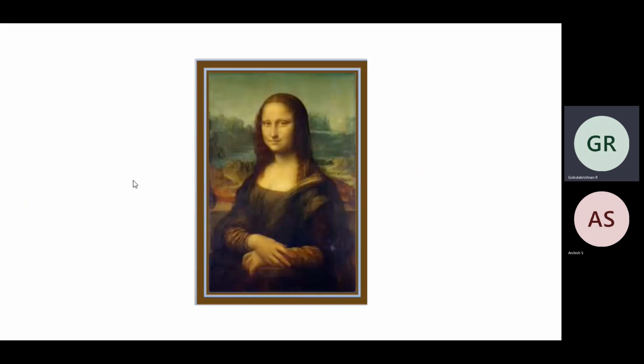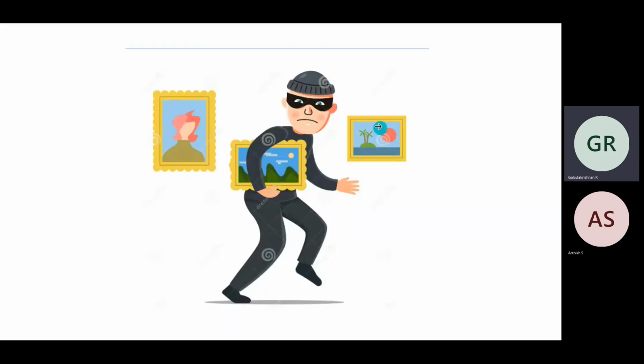Imagine you guys are at the Louvre in Paris, in front of the Mona Lisa, and suddenly the current goes off, and a thief takes away the Mona Lisa and goes.